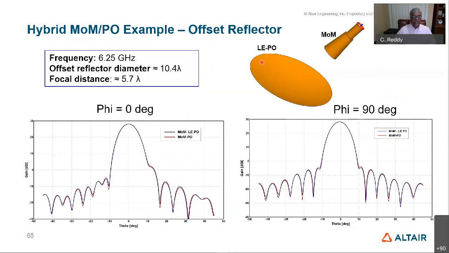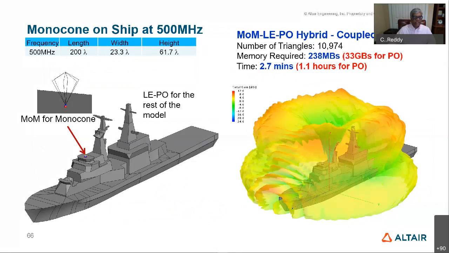Now the same problem you can solve with LEPO, the large element physical optics, on the reflector and method of moments on the feed horn. You can see that the PO and large element PO give you exactly the same answers in this case. Then you take the problem of this ship. Now you can see that instead of 33 gigabytes for physical optics, it is solved in 238 megabytes.